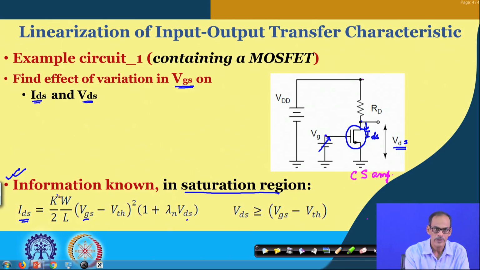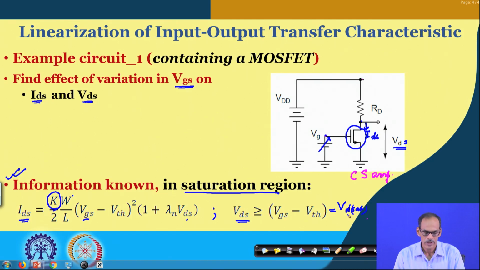We have the transconductance parameter K and W by L aspect ratio of the transistor, V g s minus V t h, the threshold voltage of the device, squared, and 1 plus lambda into V d s. To keep the device in saturation, V d s should be higher than V g s minus V t h. This is also denoted as V d sat.